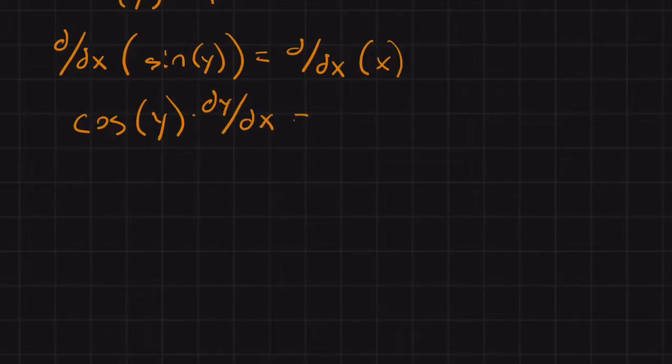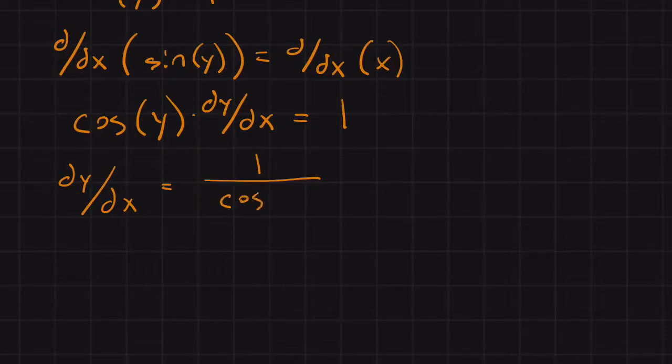On the other side of the equal sign, the derivative of x is 1. Next, we can divide both sides by cosine of y, and that gives us dy dx equals 1 divided by cosine of y.